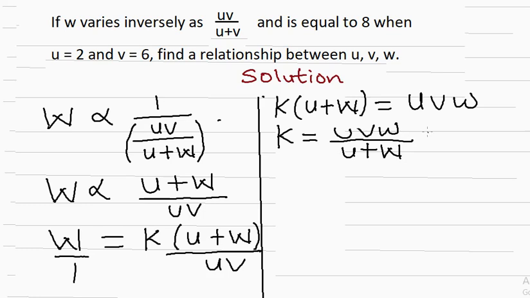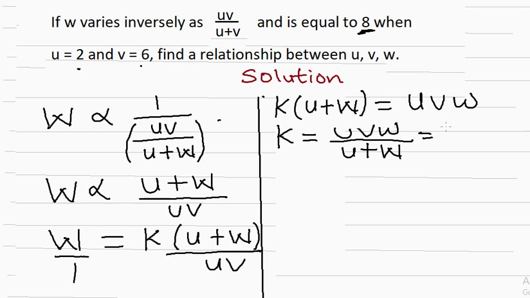So we have to insert our initial value. From my initial value, we are told that W is equal to 8, our U is equal to 2, and V is equal to 6.